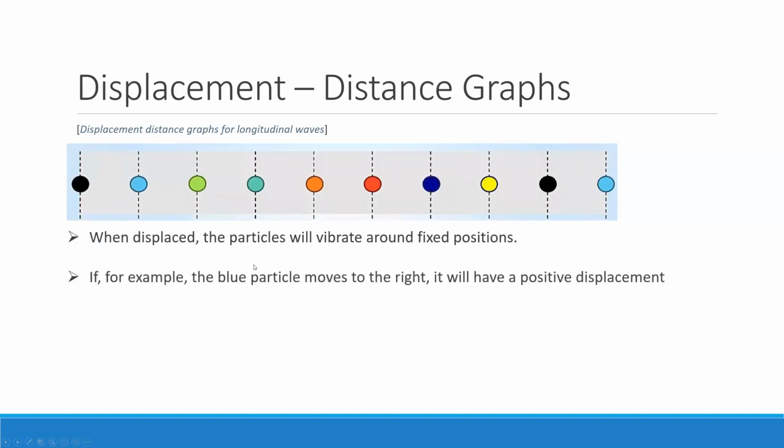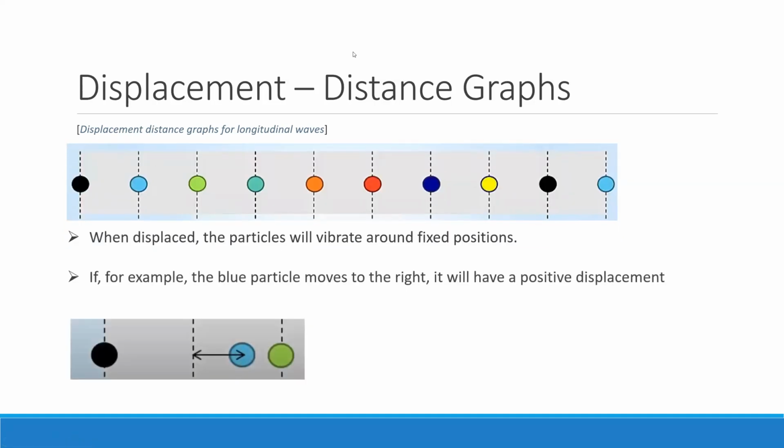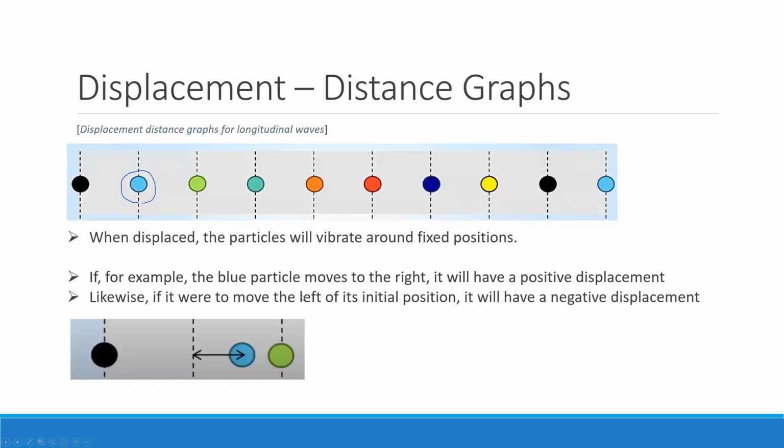Let's say we displace this blue particle here, and it starts to vibrate. When it's vibrating and going towards the right, we would say it has a positive displacement, whereas when it's going to the left, we say it has a negative displacement. Likewise for any of these particles.